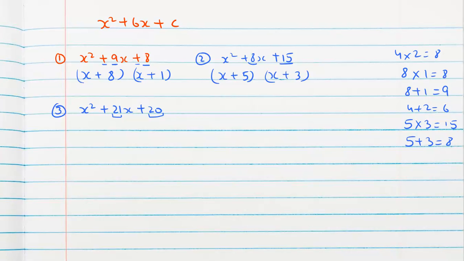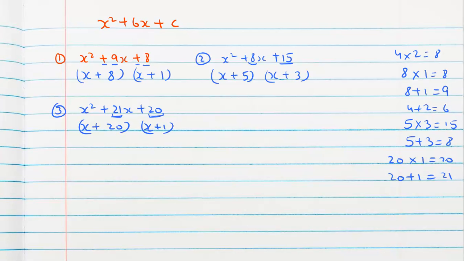Most of you will think, well, this is 5 times 4, but 5 plus 4 is actually 9. 10 times 2 we can do, but 10 plus 2 is not 21. So the only option we have is 20 times 1 is 20, and 20 plus 1 is 21. So the answer for this one will be x plus 20 times x plus 1.